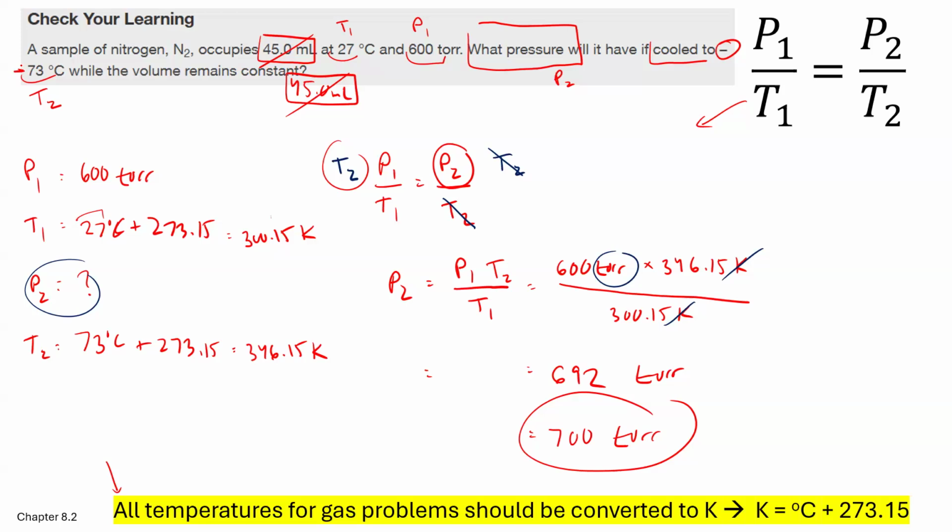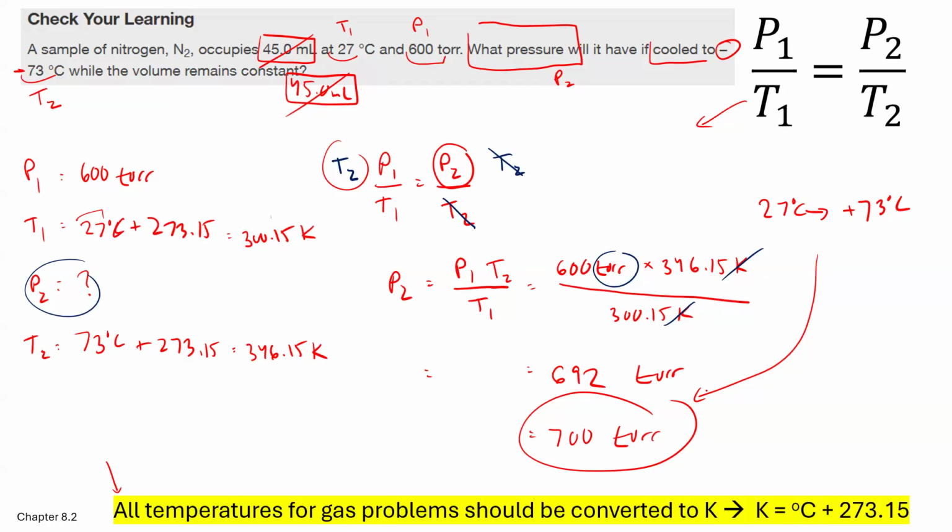So now we have two different problems, right? This one we did goes from 27 degrees to a positive 73 degrees, and this is the answer for that. As your temperature goes up, your pressure is going to go up, which we did, right?